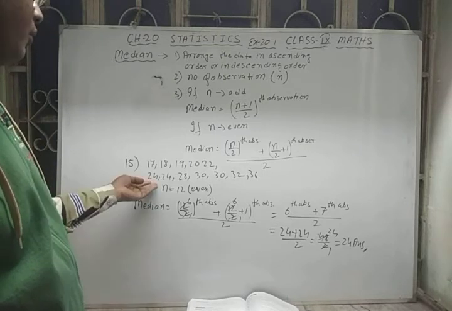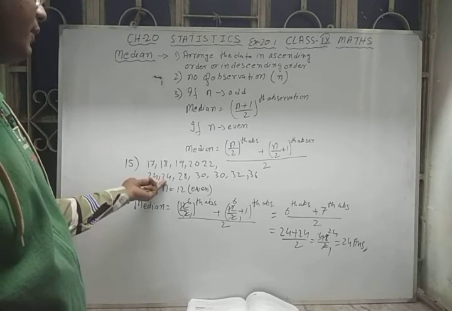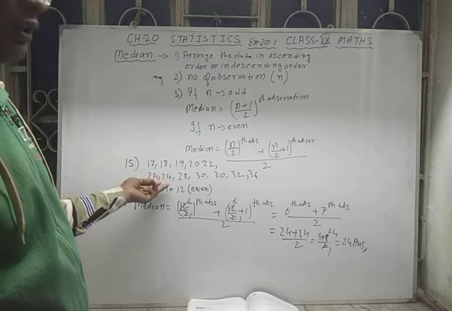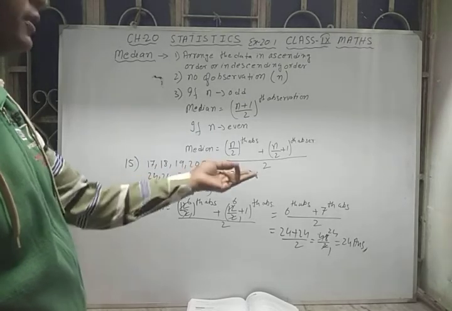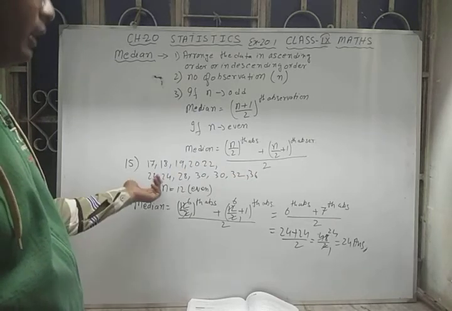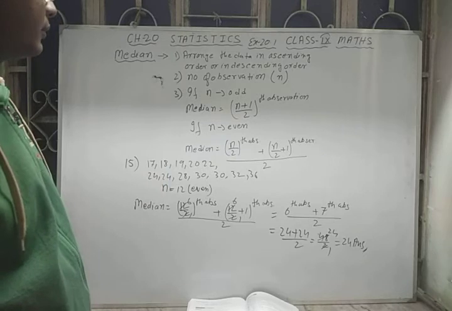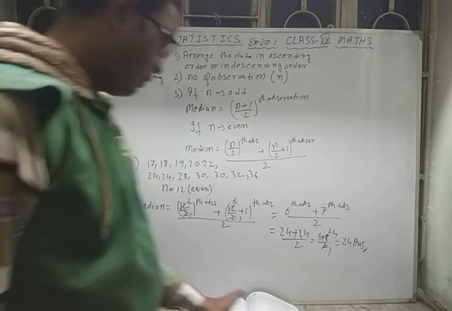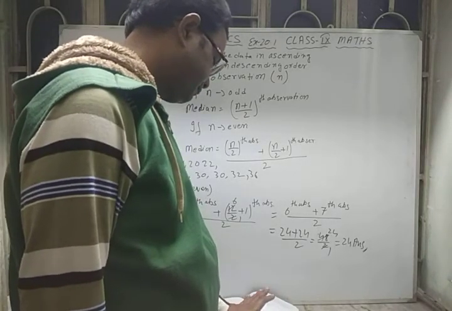Luckily we have got the 6th and 7th observations both 24, but it may not be like that. Both observations may be different also. Most of the time they are different. Okay, students, in this way you have to find the median.